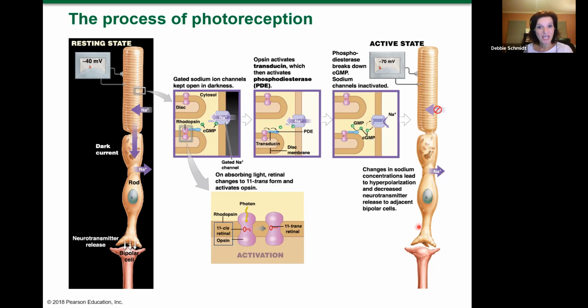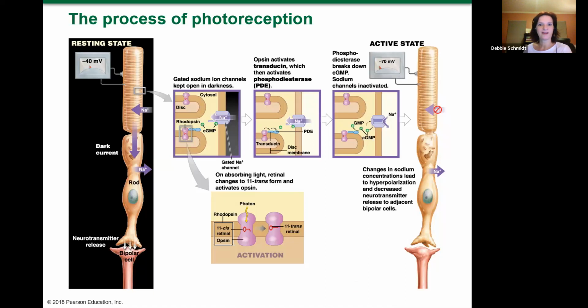This change is then picked up by these bipolar cells, and it's the bipolar cells that are now going to fire on other ganglion cells and take that information to the brain, and that's going to give us vision.